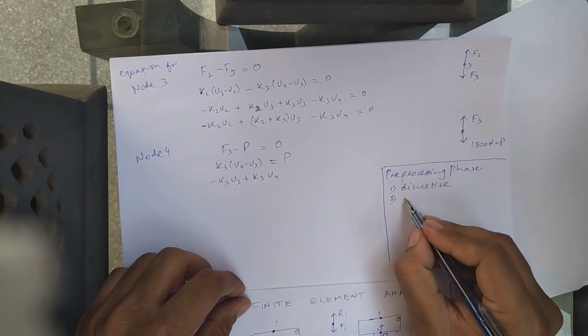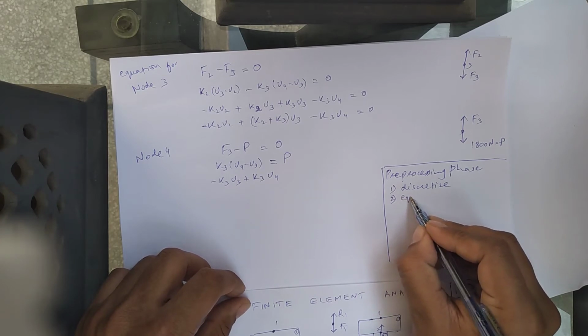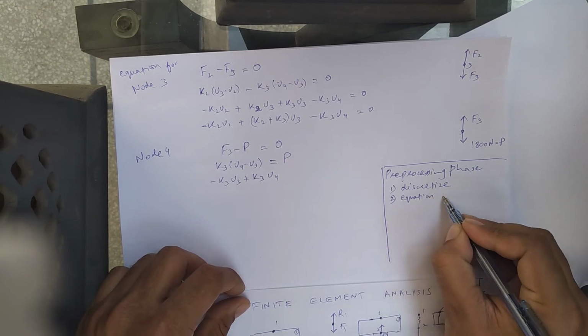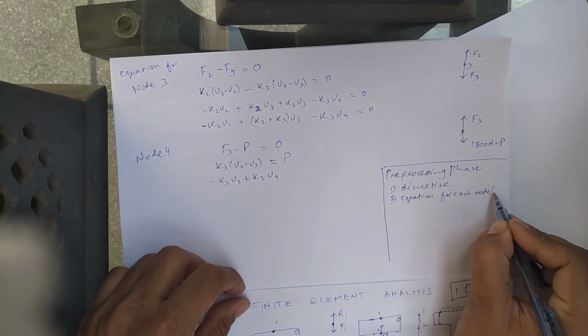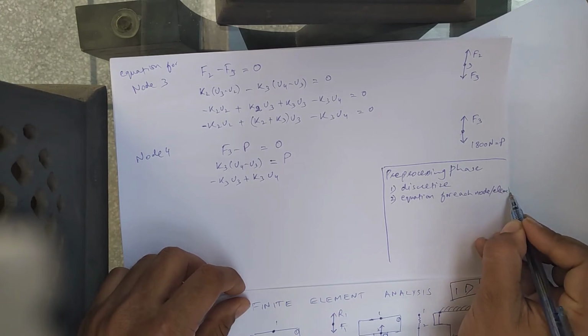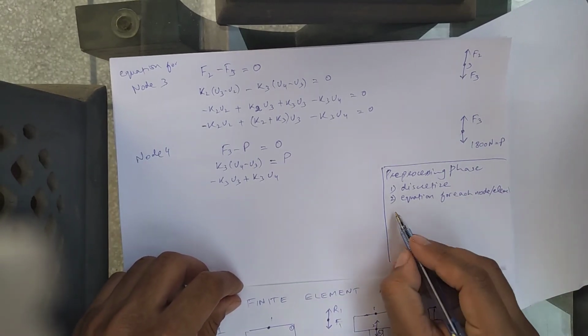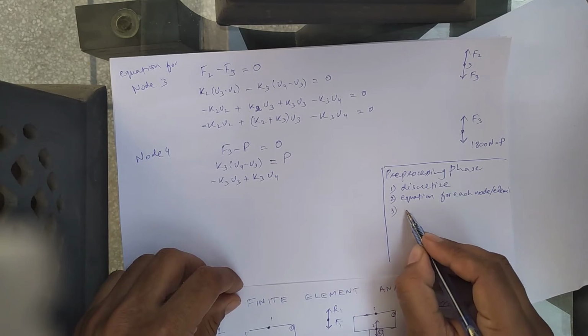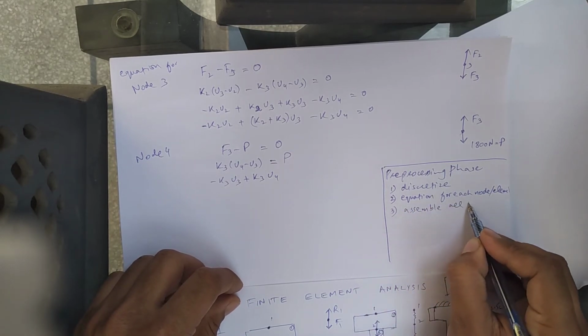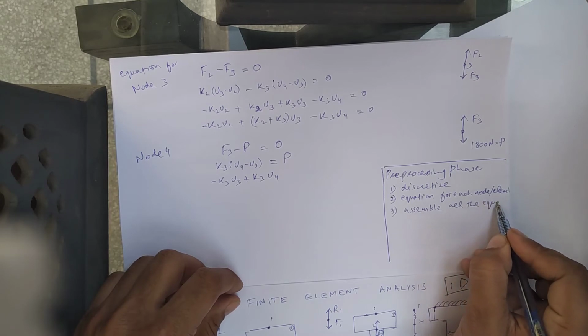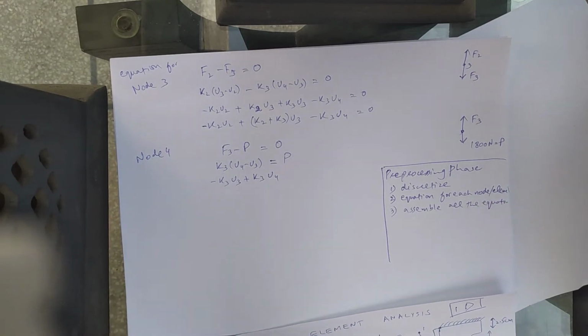The second step was to write mathematical equations for each node or element. In this problem we are going with nodes, right? The equations for each node. Then now the third step is to assemble all the equations for all the nodes.